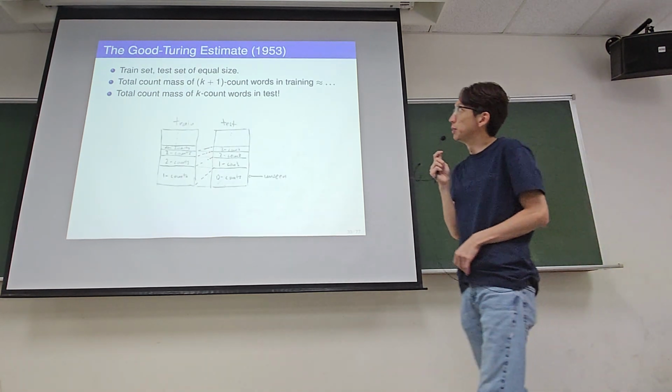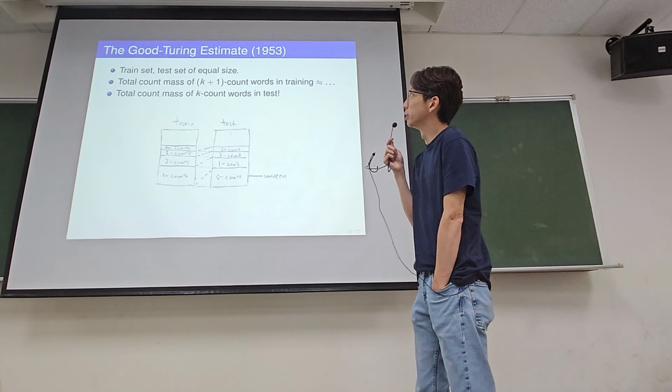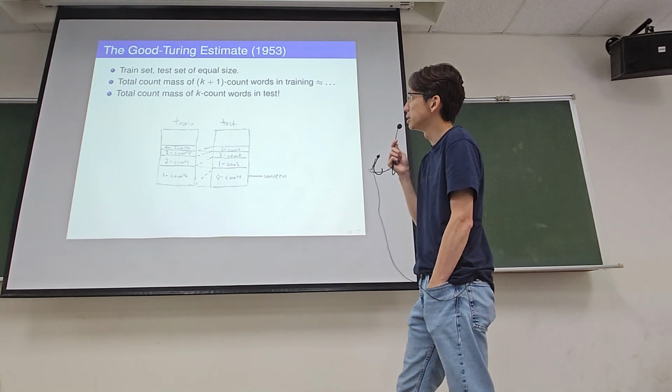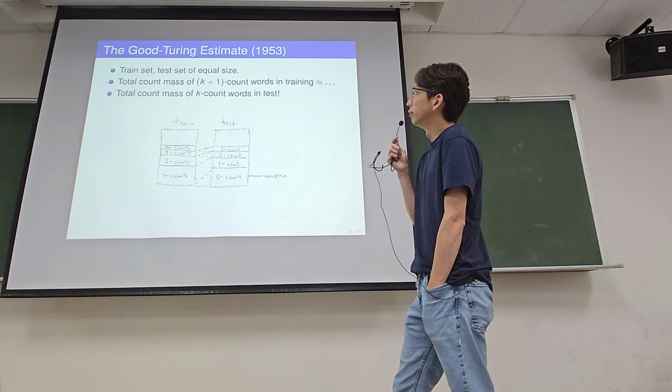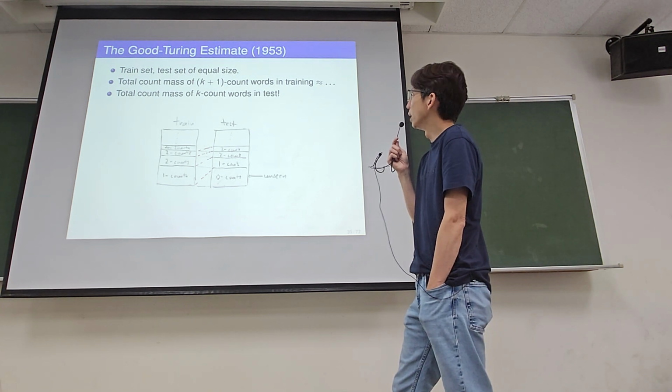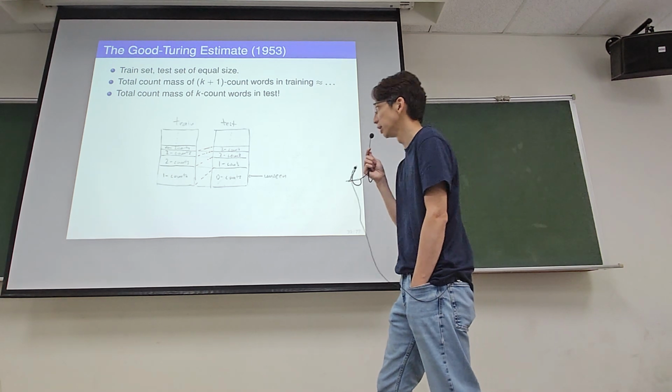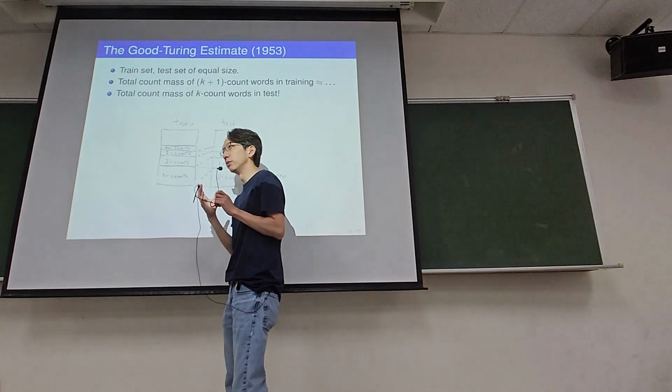Now the first thing that was introduced back in the 50s, we call the Good-Turing estimate. Assuming you have a train set and test set of equal size, the total count mass of k plus 1 counts in the training equals the total count mass of k counts in the testing. So it's a very simple switch.